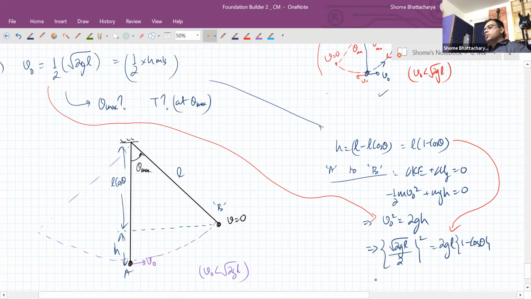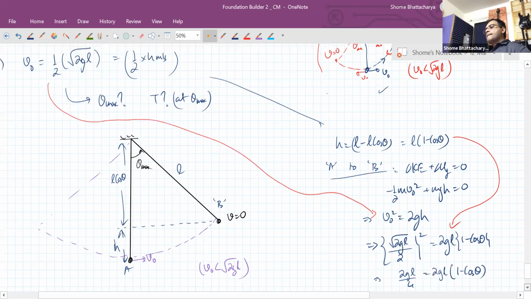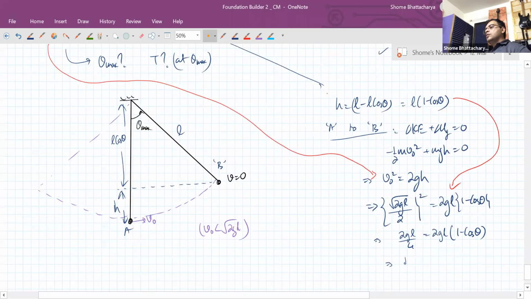So let's see what we are getting on both the sides. So we get 2 GL by 4 is equal to 2 GL into 1 minus cos theta. Or half is equal to 2 into 1 minus cos theta.